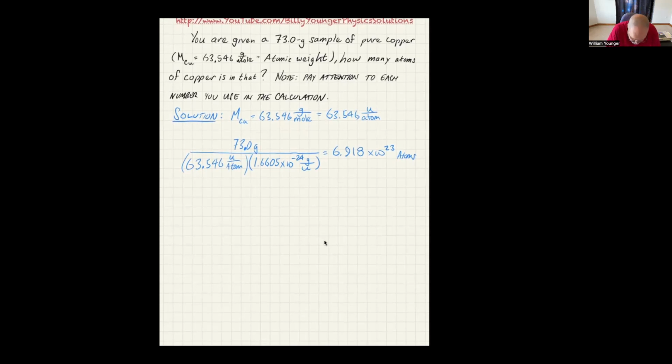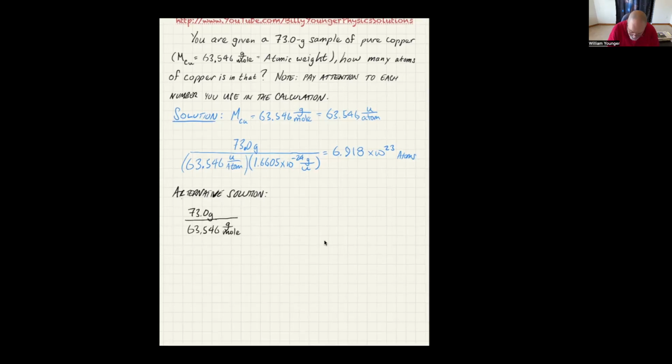I can take 73. So let me write this down. I'll say alternative solution. So in this alternative solution, I'm going to take the 73.0 grams, and I'm first going to convert it to moles by dividing by 63.546 grams per mole.